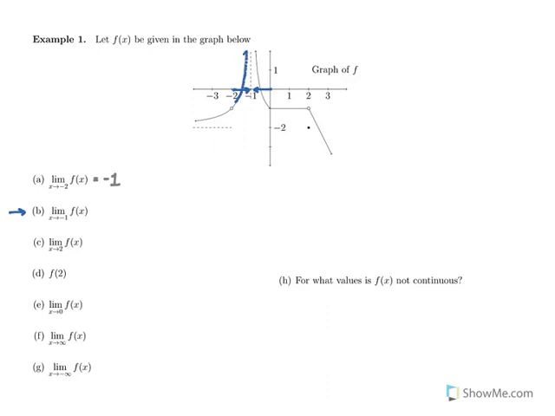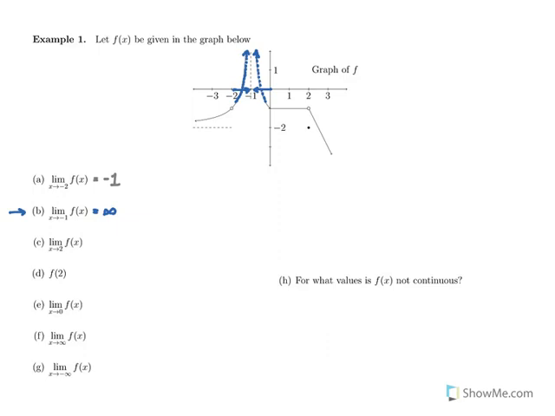So if I get closer and closer to -1, we can see that the function values are actually going to blow up as there is a vertical asymptote there. It's going to blow up, and this is actually going to approach infinity. Both sides are going closer and closer to the same value, and that is infinity. So that is the value of the limit there.